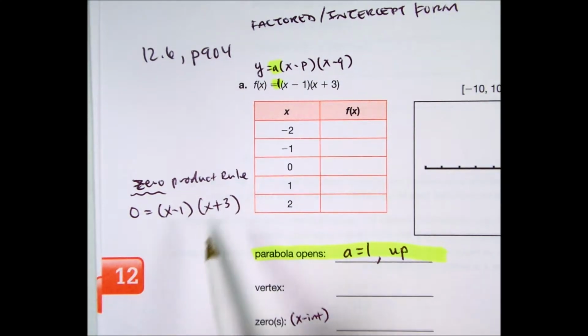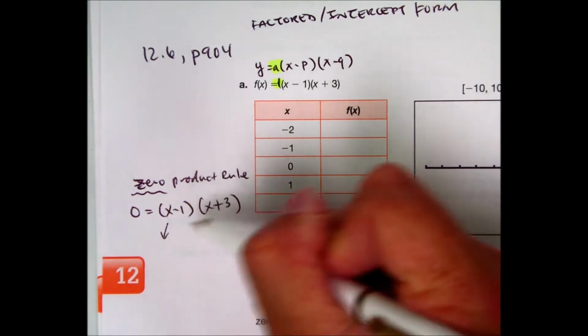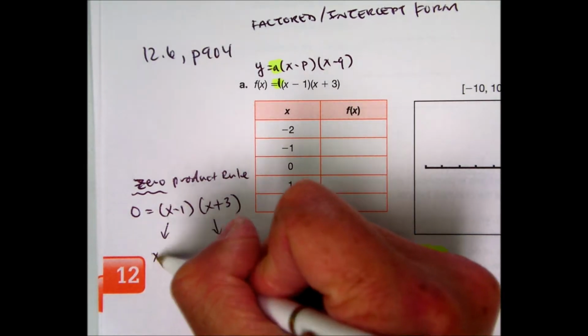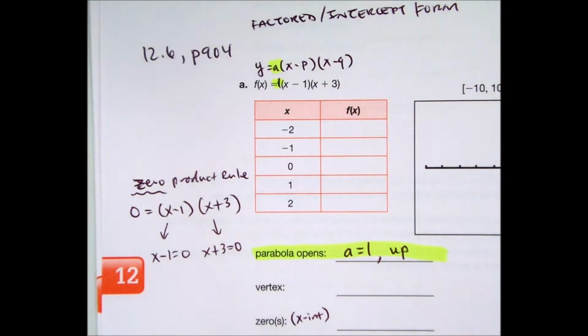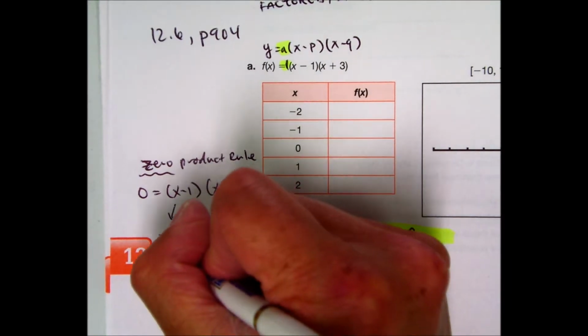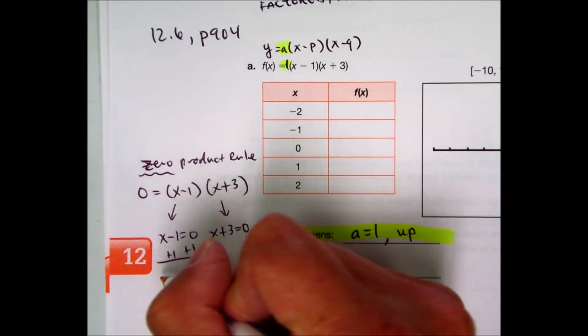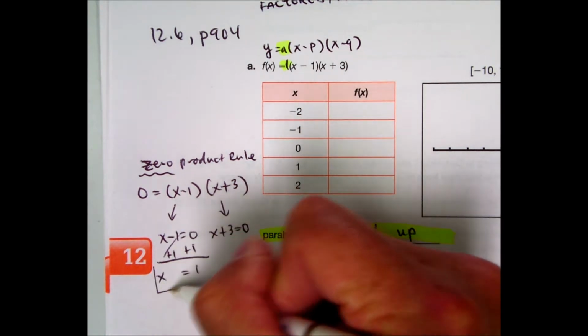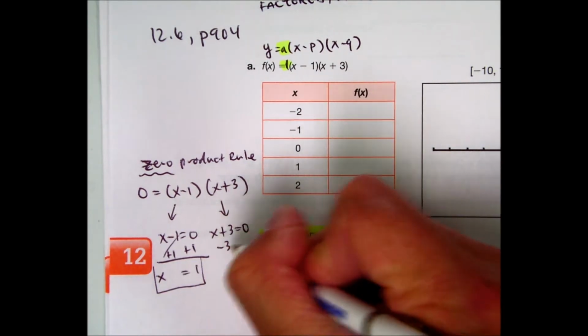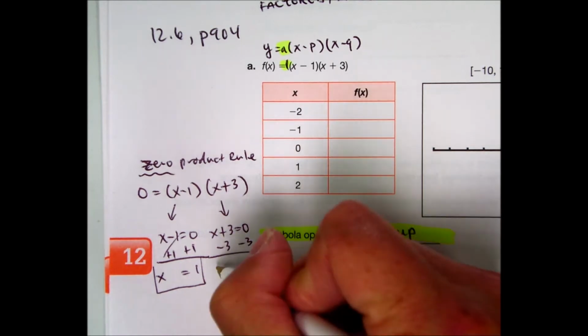The zero product rule says when I multiply these, one of these has to be equal to 0. So all you do is you set one of these equal to 0. And then you just solve. Add 1 to both sides. X is equal to positive 1. And over here, if you subtract 3, x is equal to negative 3.